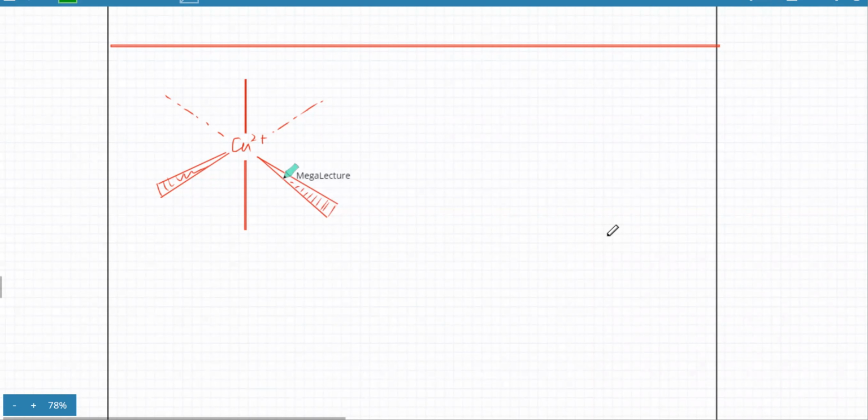Anyways, you have this copper ion, and it could be surrounded by ammonia. So you can have NH3 molecules. If you add NH3, then you can have all these NH3 molecules coming in.